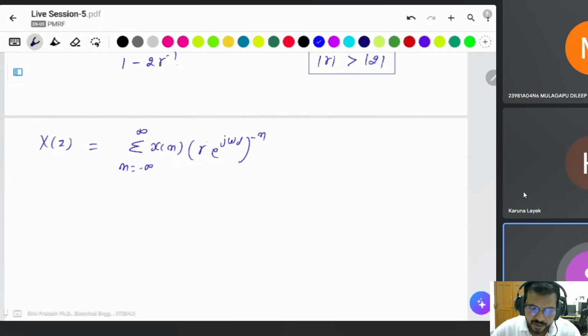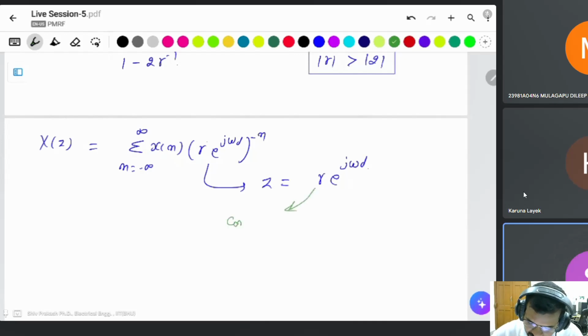In this condition, we can replace this one with z is equal to r e to power of j omega d, where this r represents the convergence and j omega d represents the frequency description.